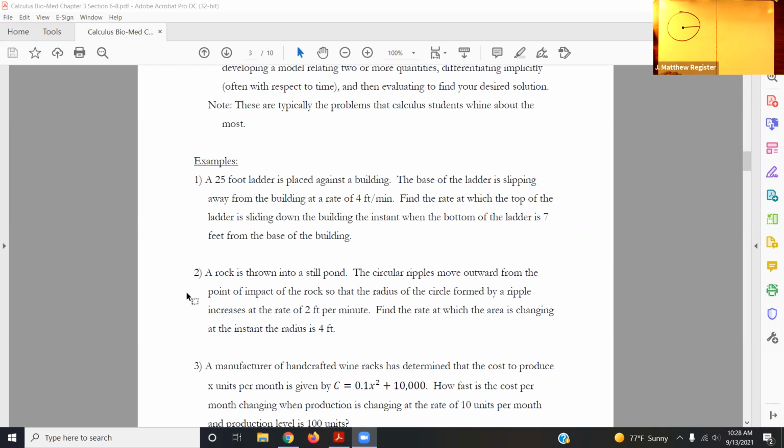And so we'll draw our radius, and then we know that dr/dt, which is the rate of change of the radius, is 2 feet per minute. And then it says, find the rate at which the area is changing. And so find dA/dt, the instant the radius is 4 feet.